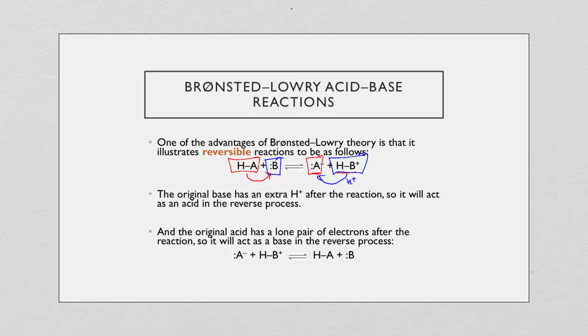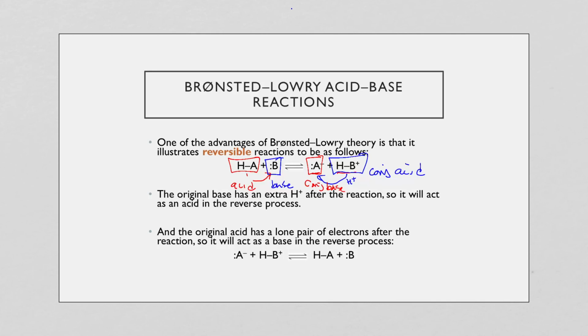And so we have our acid, and when we form it, this is called the conjugate base. And we have our base, and what it goes to is called the conjugate acid.